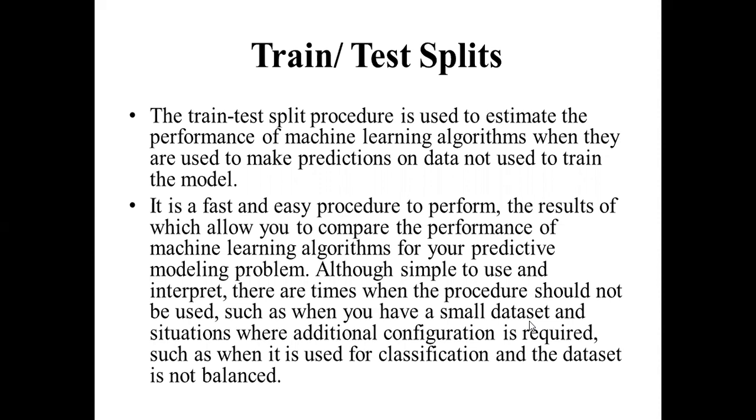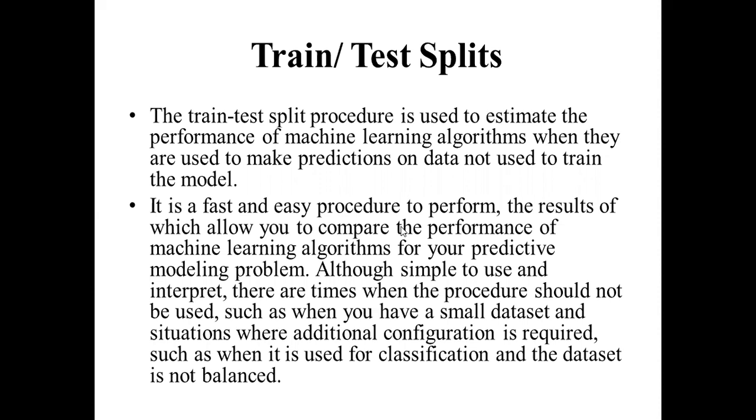That is, we want to divide the data among these. The results allow you to compare the performance of machine learning algorithms for predictive modeling problems. Although simple to use and interpret, there are times when the procedure should not be used, such as when the data set is small or has very few values, and we are unable to produce more data.